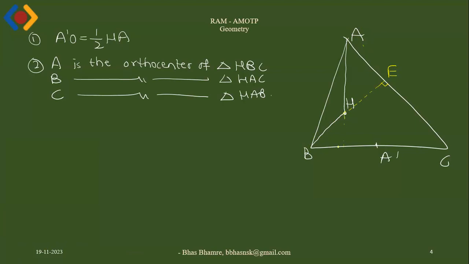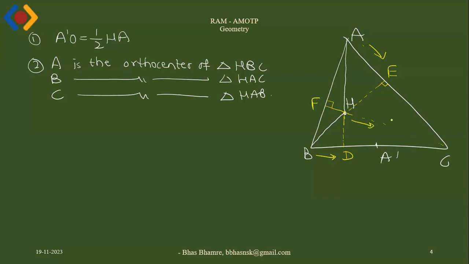Similarly, BD is the altitude on AH, and so the next altitude comes. So AE is the altitude, BD is the altitude, and this HF is the altitude.